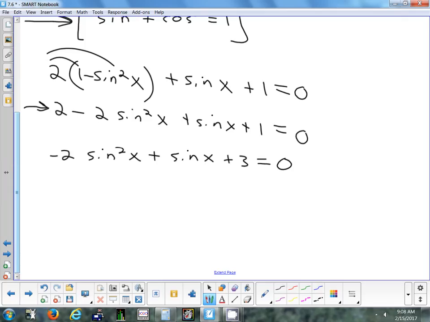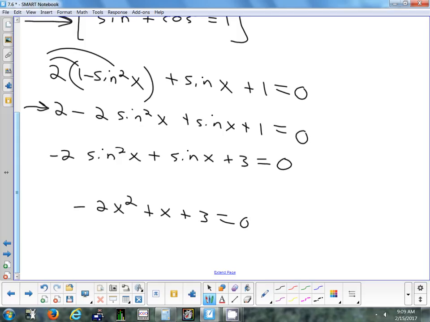Now, does everybody see how we have a quadratic there? Okay, there's two ways we can solve it. We can either try to factor it, or we can use the quadratic formula. This one does factor. What's the only thing that's a little weird about factoring this one? When we factor, if you had a problem like negative 2x squared plus x plus 3 equals 0, this is exactly what that equation is. Same idea.